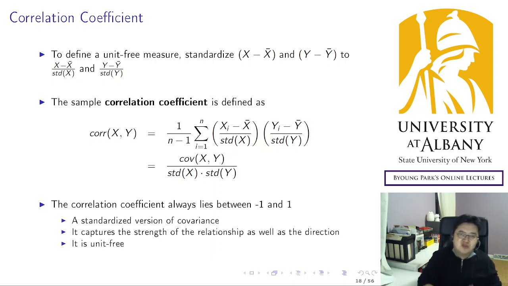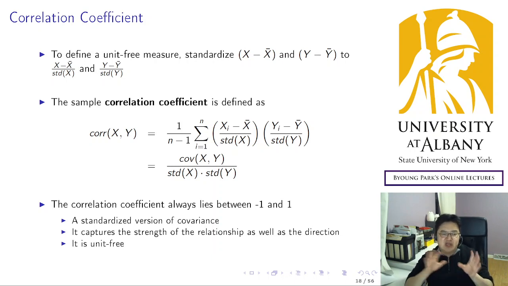If the correlation coefficient is close to 1 or -1, that means that relationship is really strong. But if it's close to 0, then the relationship is weak. So it captures not only the sign, the direction, but also the strength by the absolute value. The absolute value shows the strength, which is much better than the covariance.